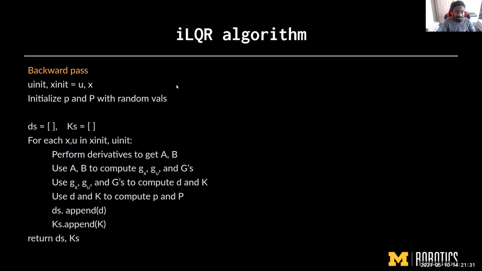With the backward pass, we initialize u and x to some u and x. In the first run, u and x are going to be vectors or matrices of some random variables, or some initialization we could get from some other process.